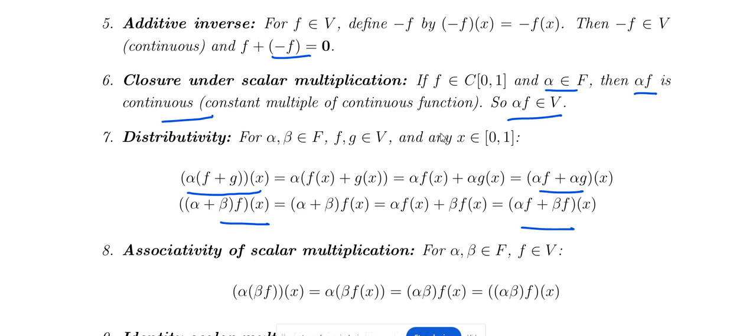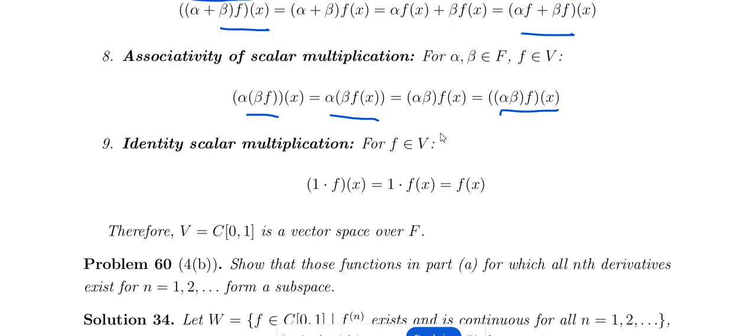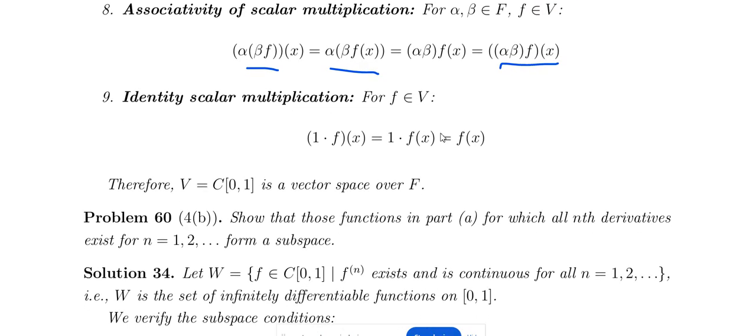And for associativity with respect to multiplication, alpha into beta f of x is alpha beta into f of x. This is the associativity under scalar multiplication. And finally, for identity multiplication, 1 into f of x is equal to f of x. So V is called a vector space over F.